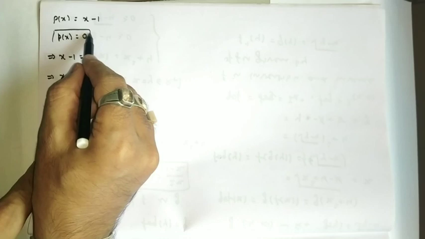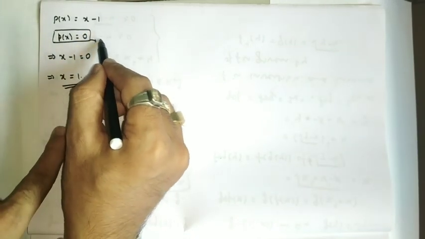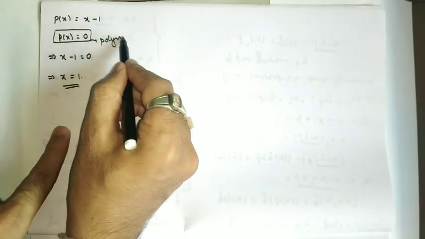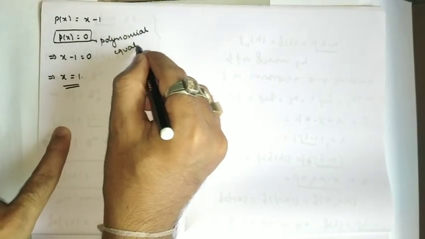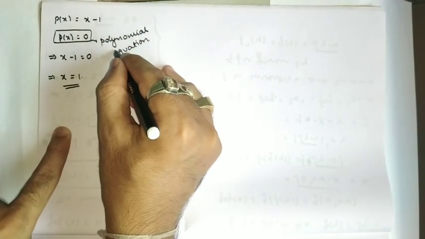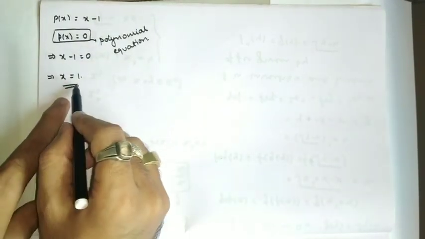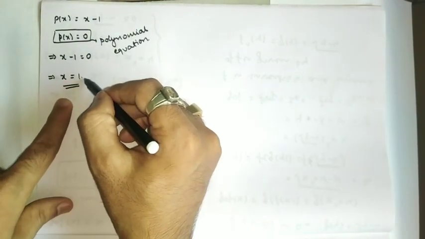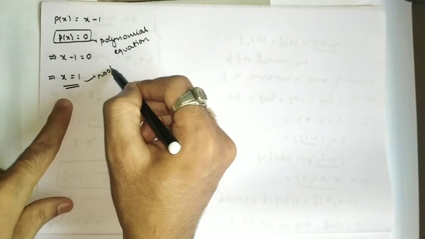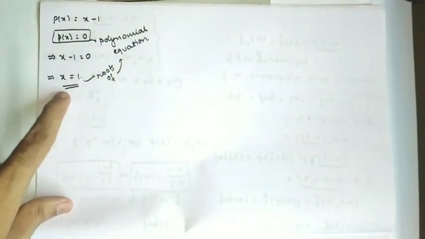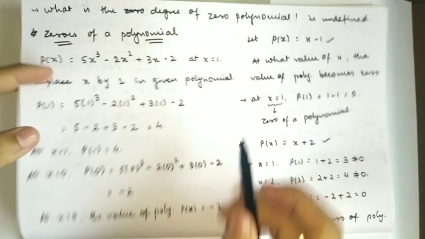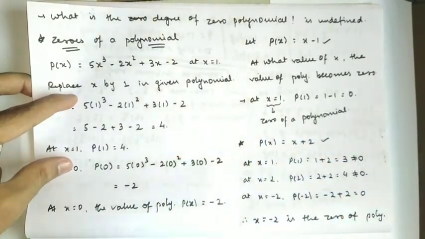So first of all, if I equate this p of x equals 0, then it becomes a polynomial equation. Correct. And x equals 1 is the root of the polynomial equation. This x equals 1 we got over here as the zero of the polynomial.